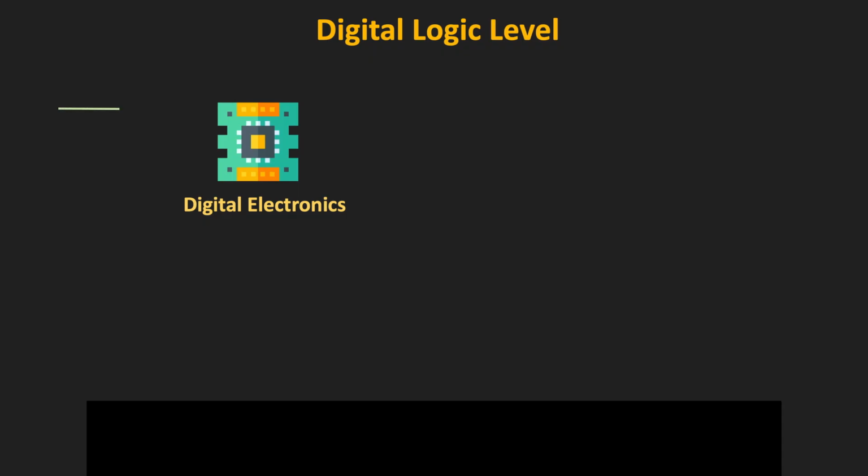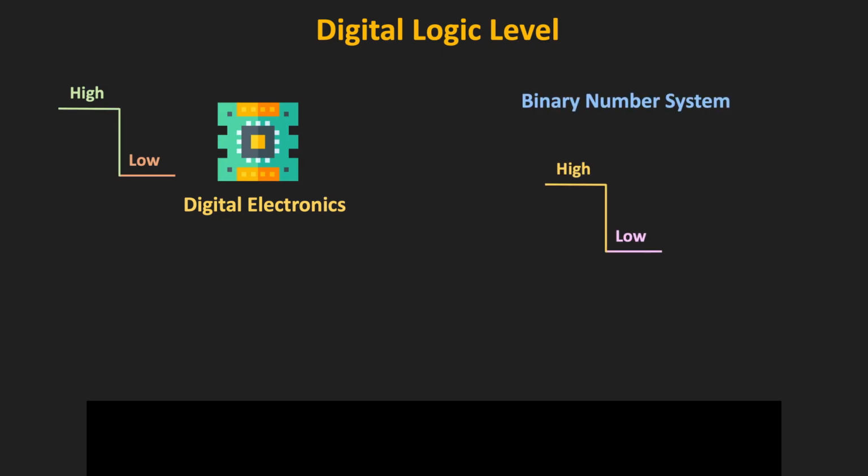One is the high voltage level, often referred to as logic high, and the second is the low voltage level, often referred to as logic low. Since this type of digital circuit works on only two discrete voltage levels, the digital input and output of this type of circuit is often represented by the binary number system. For example, the logic high or the high voltage level can be represented by binary 1, and the logic low or the low voltage level can be represented by binary 0.